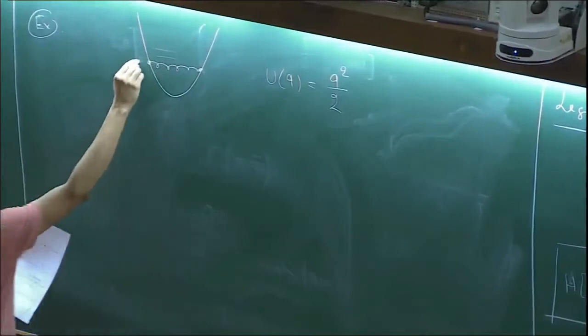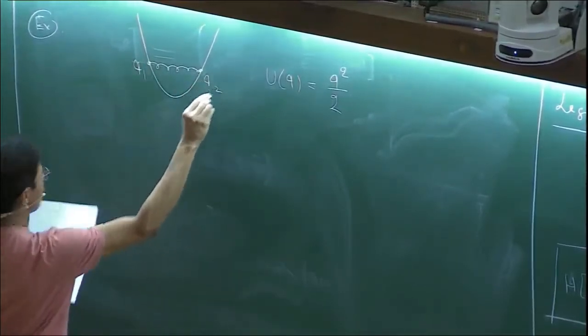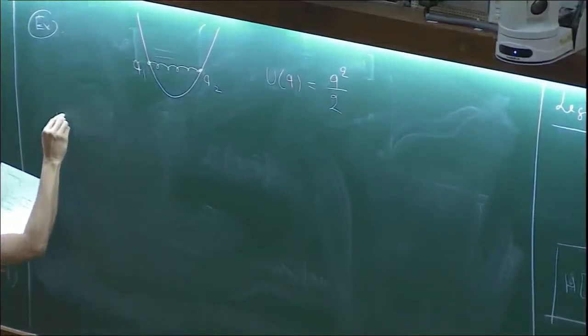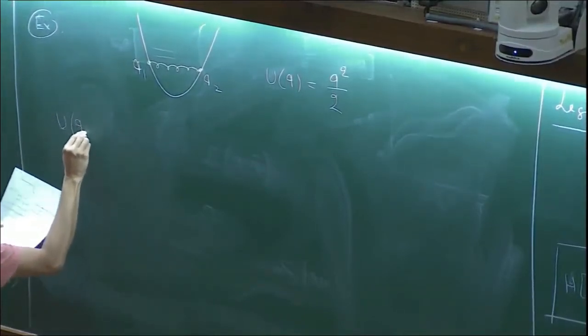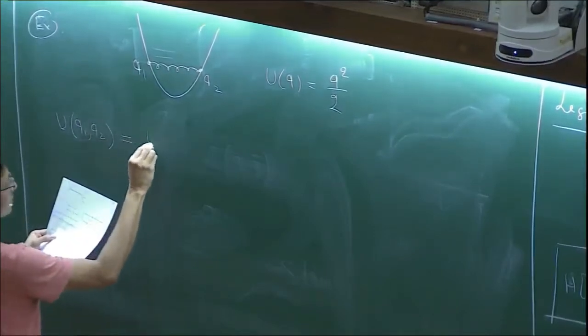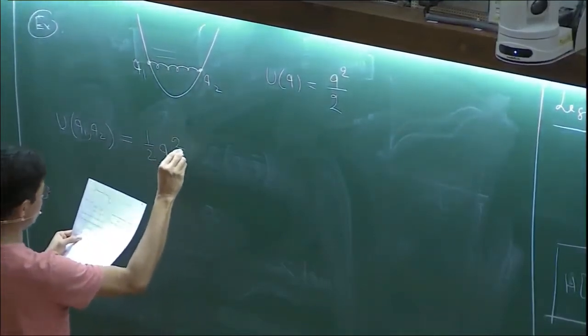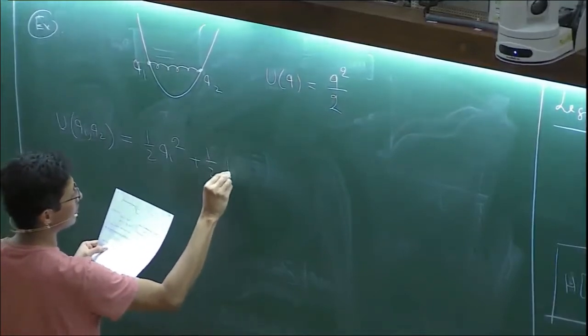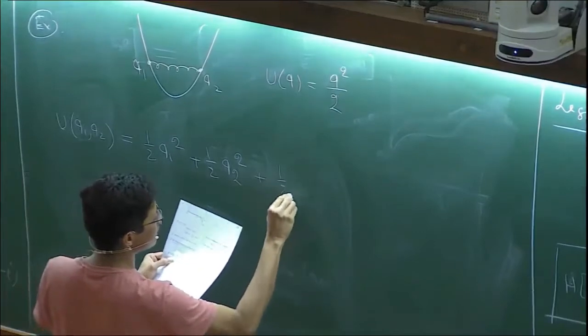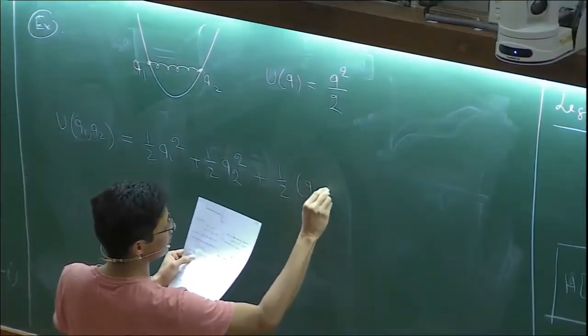Okay? So I have q1, q2. So the net potential energy of the system is half q1 square plus half q2 square plus the spring term. This is a very simple case that I'm considering.